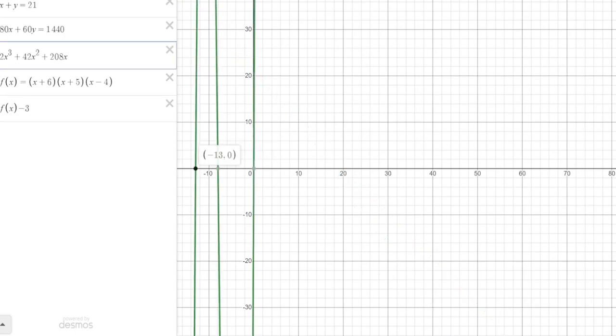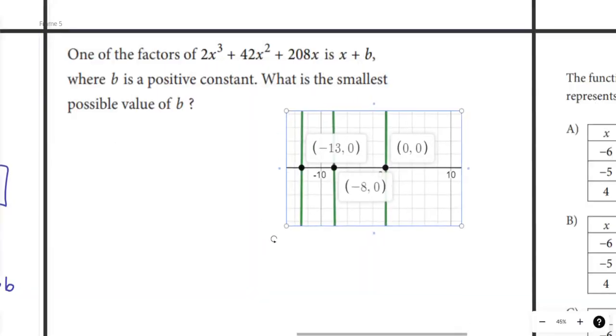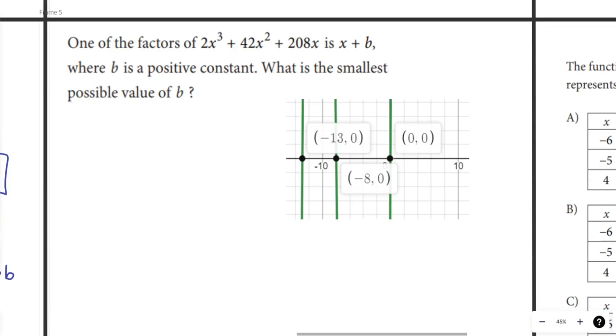When I plot this entire equation out in Desmos, there's 3 intercepts that come up, and I'll show you guys right here what that looks like. There's an intercept at -13, there's one at -8, and there's one at 0. It says here b is a positive constant.